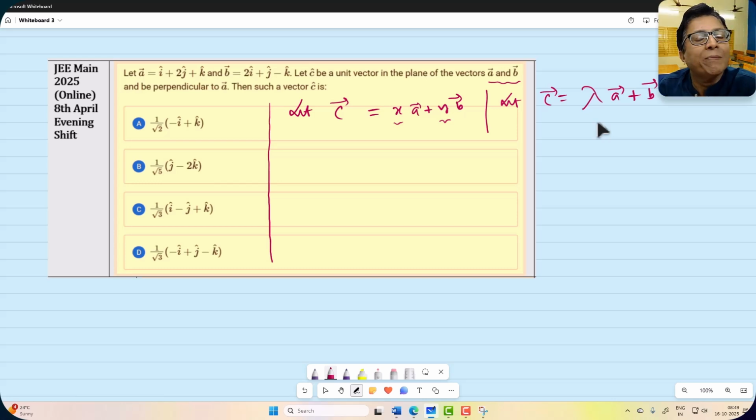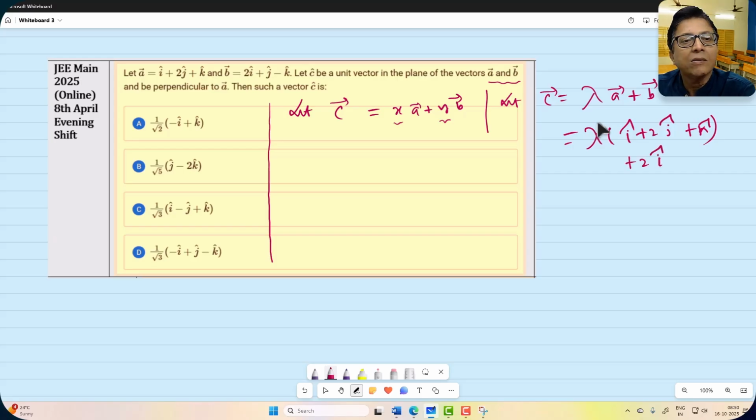Definitely if you take one variable, calculation will be easier. So you take lambda into (i plus 2j plus k) plus B vector, which is 2i plus j minus k. So this will be (2 plus lambda) i, (2 lambda plus 1) j, plus (lambda minus 1) k.